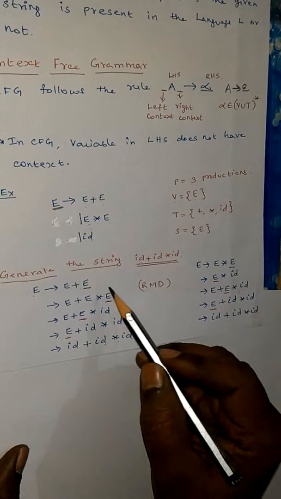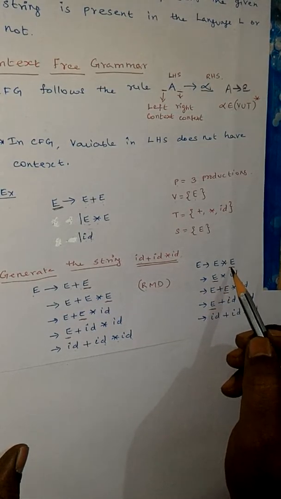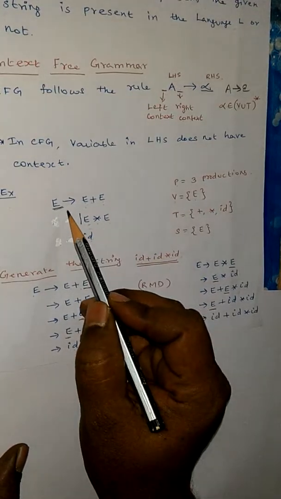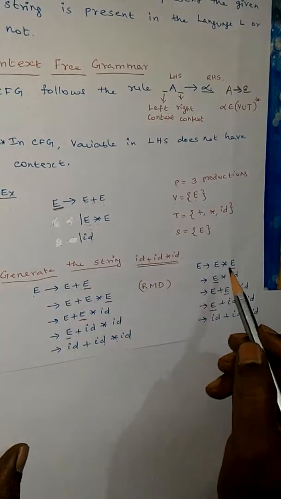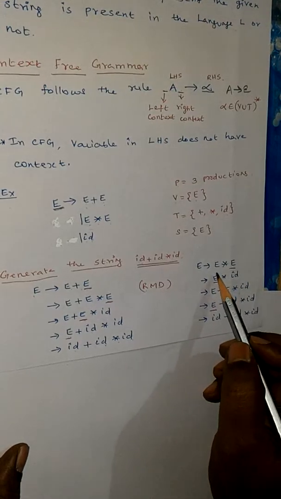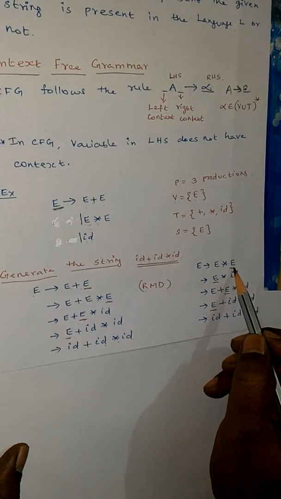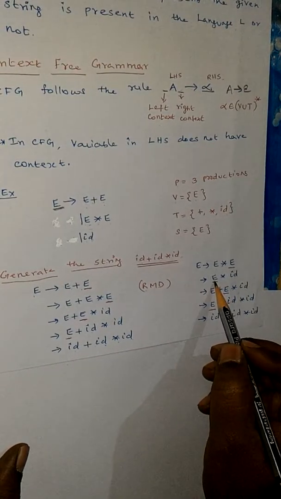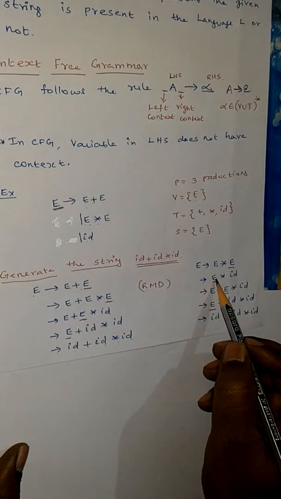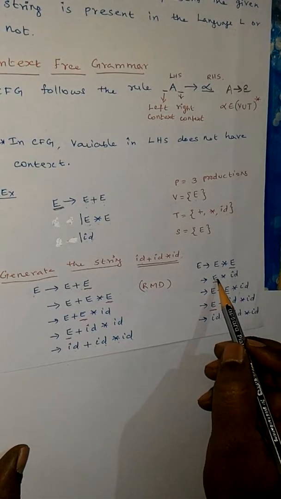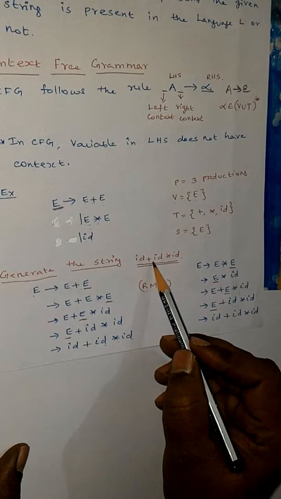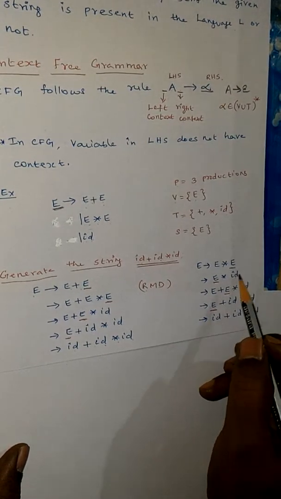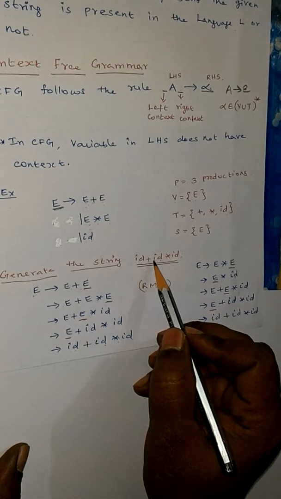This same string can be generated by another starting production. Look at this: we have one more production, E star E. We can consider E star E. Then the rightmost symbol is replaced by the third production ID, and now we have capital E here. Again we need ID plus ID, with star ID already derived.